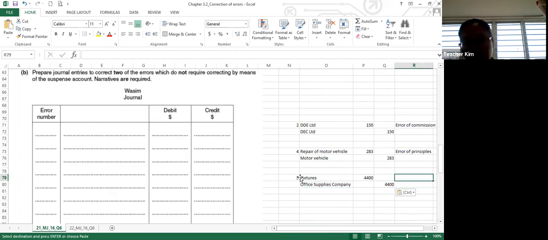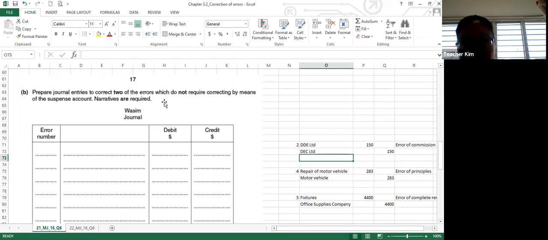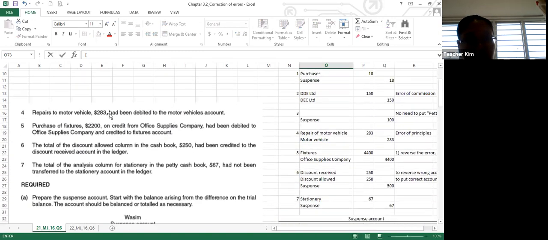Okay, this is error of omission. Because they say narratives are required, it means you have to put the reason for it. So what is the reason for number 2?